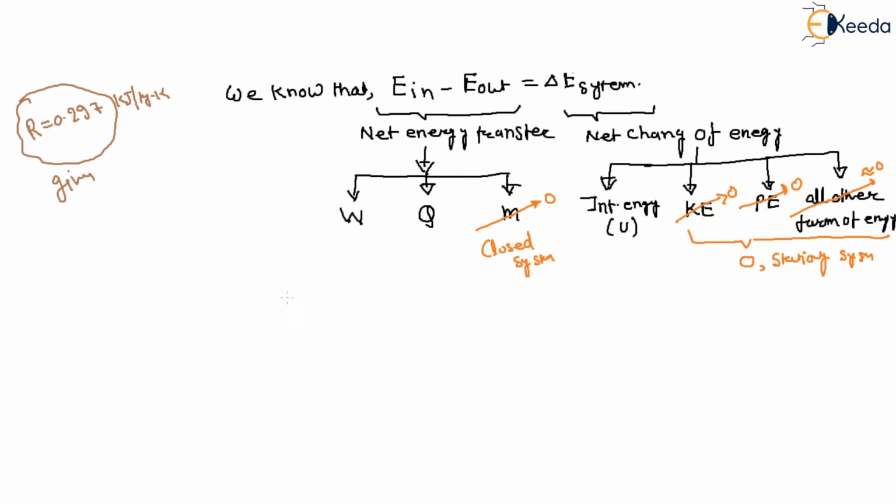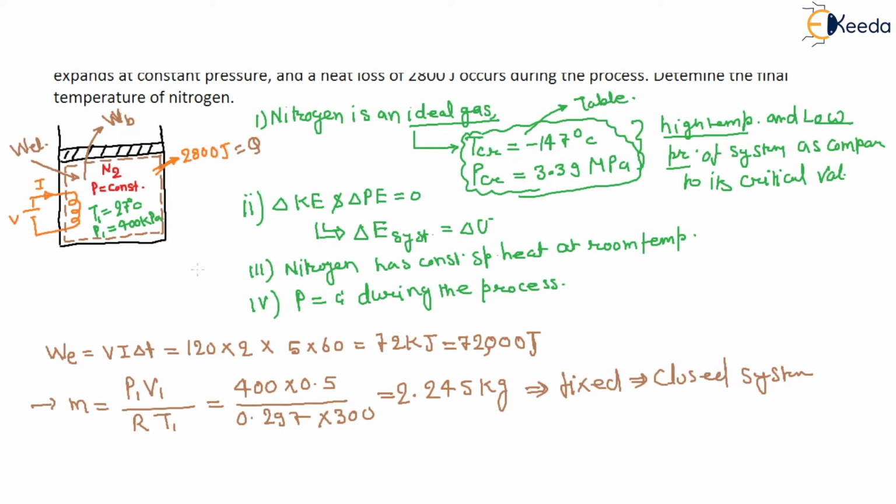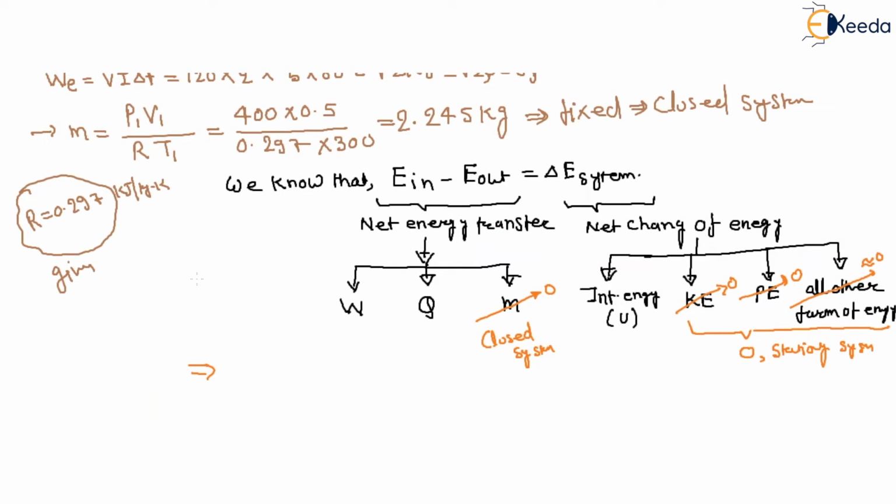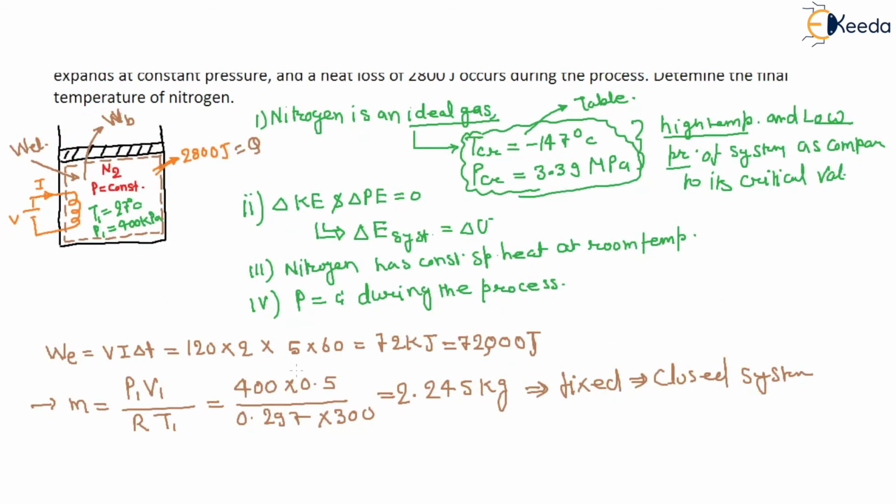So in this case, what is the equation? What is the energy into the system? There is electrical work, W electrical, into the system. Any other work into the system?